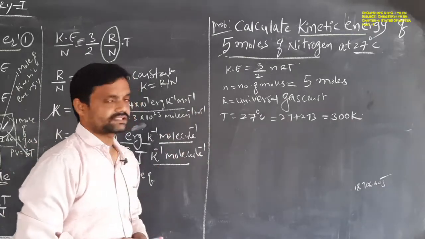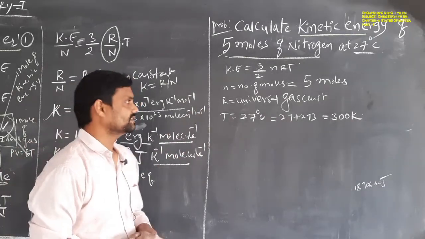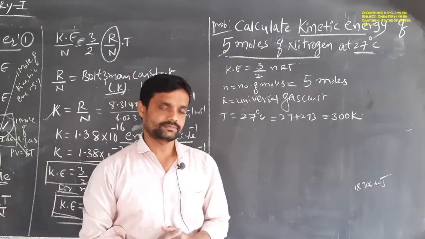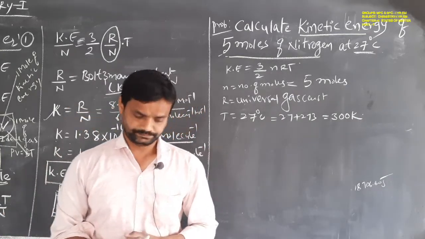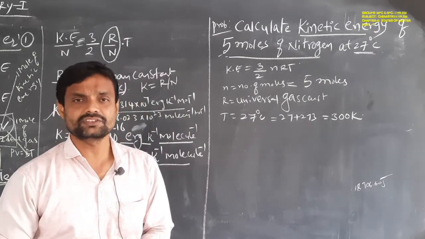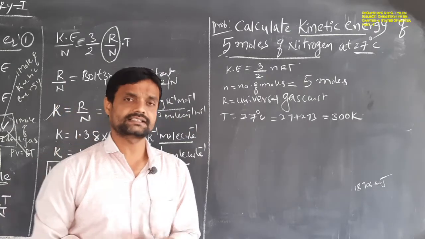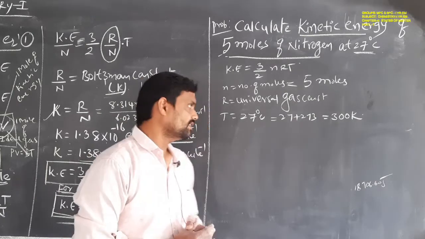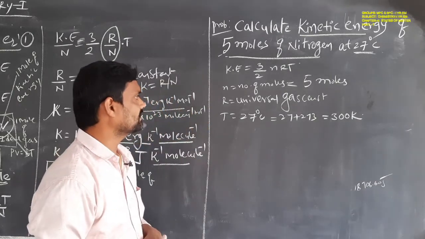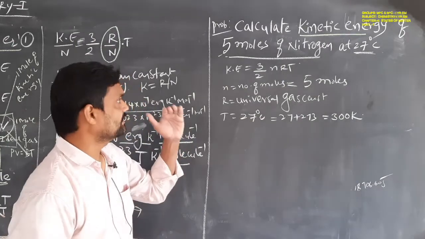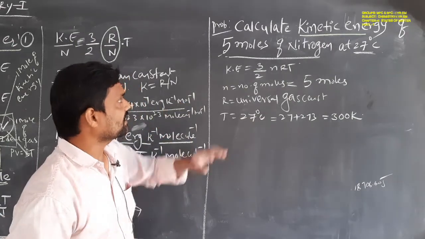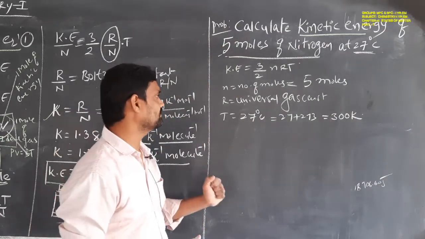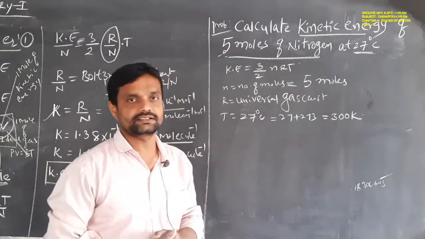Next, what about the universal gas constant? The universal gas constant value is 8.314 joules. If it is in ergs, 8.314 into 10 power 7 ergs. If it is in calories, approximately 2 calories. So here which value will we take? In the given problem, they are not asking for any units, so here we can take any one value of the universal gas constant.